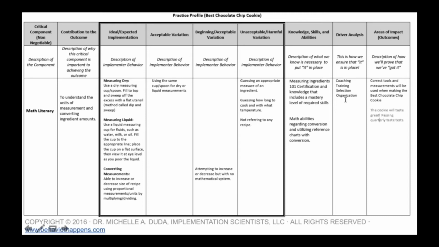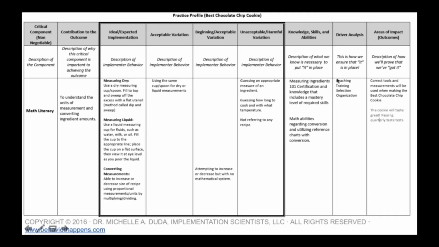So for example, for an ideal implementation, you want to be able to know the difference between measuring a dry ingredient and measuring a liquid. There's probably going to be different, and I'm no expert in making cookies, but hopefully the people that created this are.